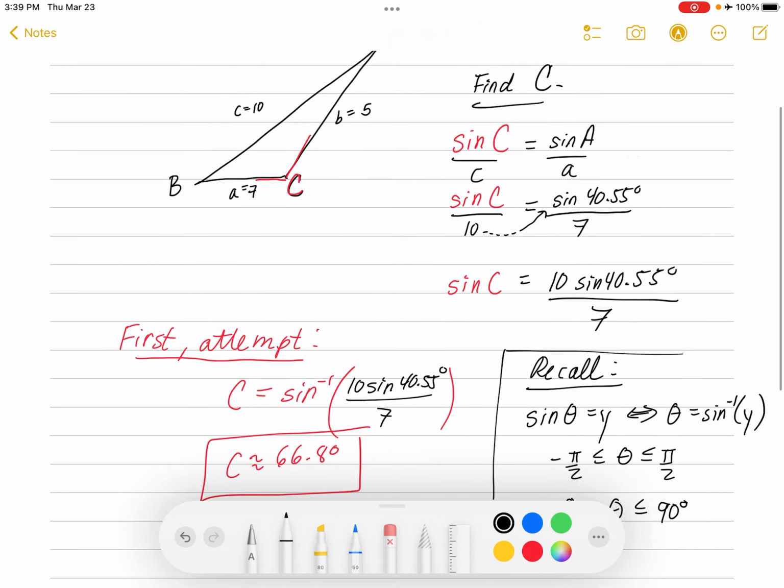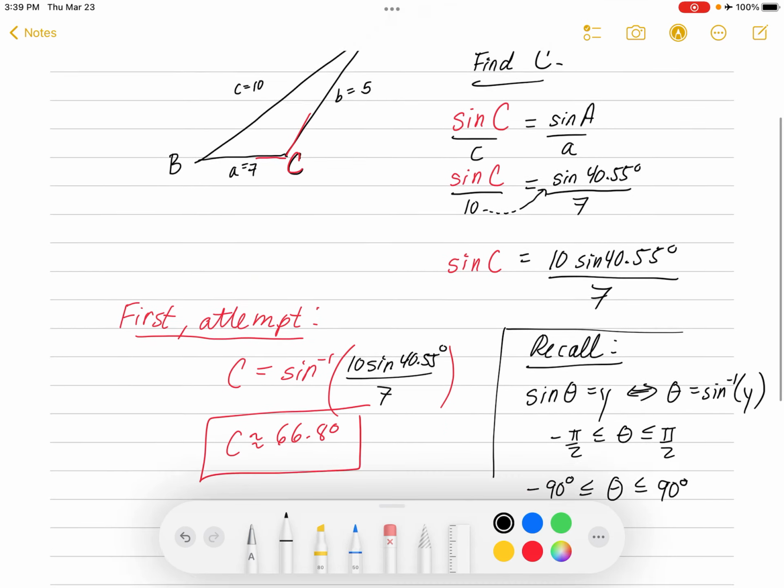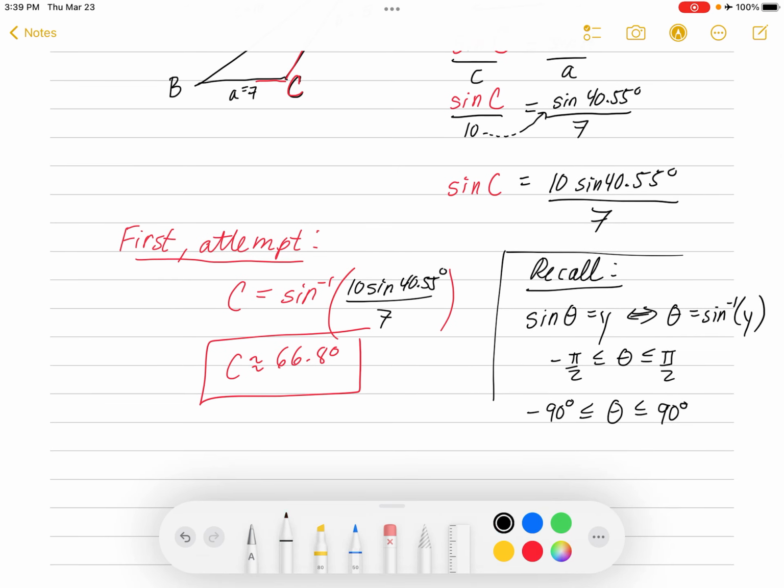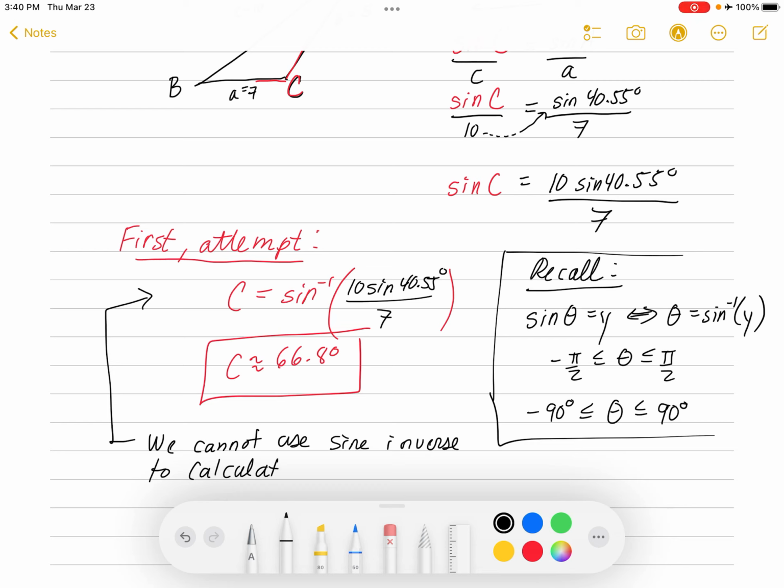So the problem is, this angle C is more than 90 degrees, so you actually cannot directly use the sine inverse to calculate C, since C is not between negative 90 and 90 degrees.